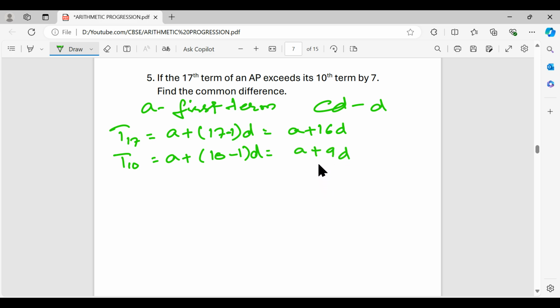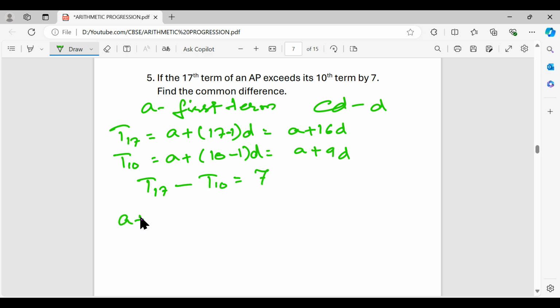Now this question says that the 17th term exceeds its 10th term by 7, means 17th term minus 10th term equals 7.